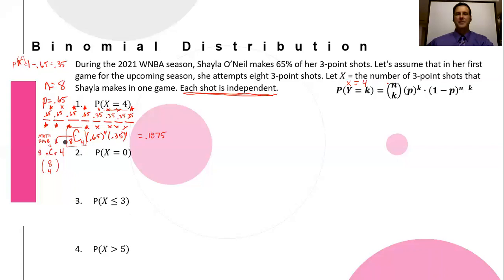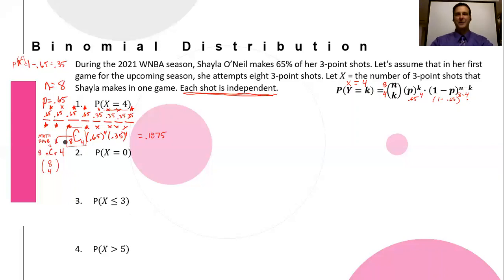And then your N, we said earlier, was 8. So 8C4, or 8 over 4 with a set of parentheses around it. Your P is 0.65. Your K is 4. Your P is still 0.65, so 1 minus that. And again, your N is 8 minus 4, which will be 4.